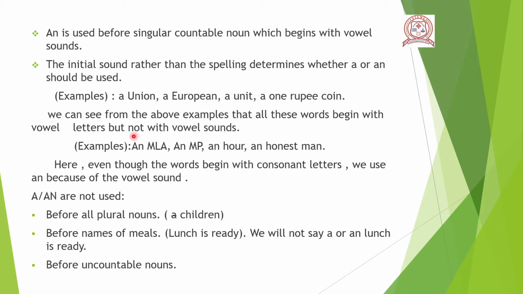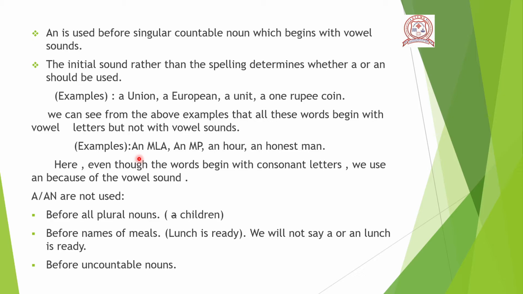Now, coming to the next one, we can see from the above examples that all these words begin with vowel letters, but not with the vowel sound. So that is the explanation for that example. Now, the next examples: an MLA, an MP, an R, an honest man.